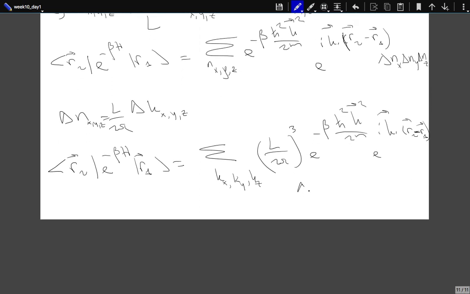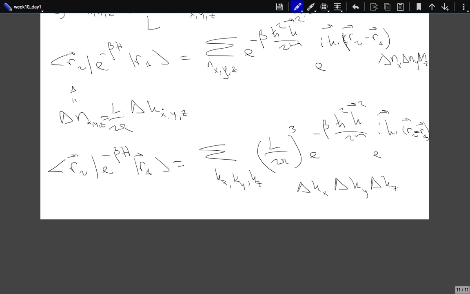And of course there is this delta kx, delta ky, delta kz. In the thermodynamic limit, delta n is just 1. L goes to infinity, so delta kx, ky, and kz go to 0. So I'm just summing over all kx, ky, kz.